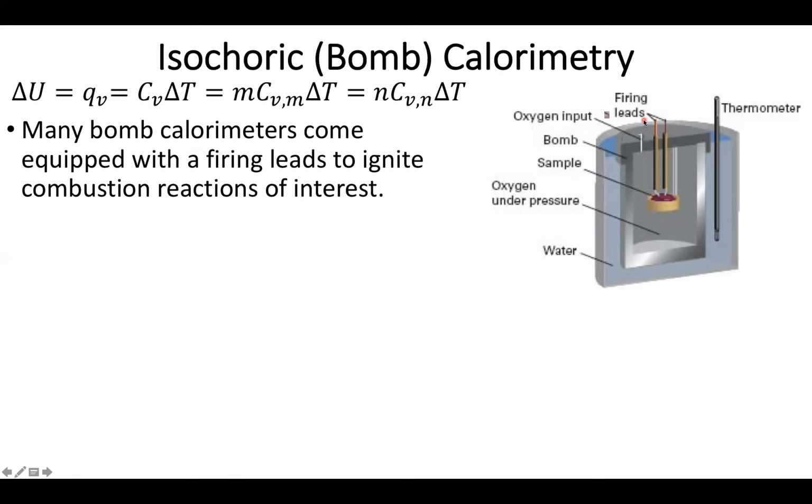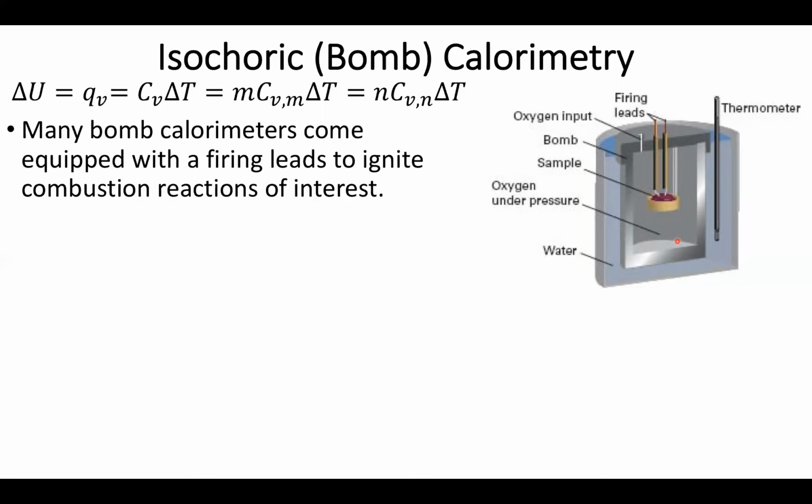You can imagine our firing lead is some sort of ignition source in case I want to study a combustion reaction inside my sample chamber. And combustion reactions are typically one of the most commonly studied reactions inside a bomb calorimeter, because it allows us to determine such things as the calories in an item of food. This is just how much energy is going to be released from combustion, which is more or less an accelerated form of digestion.